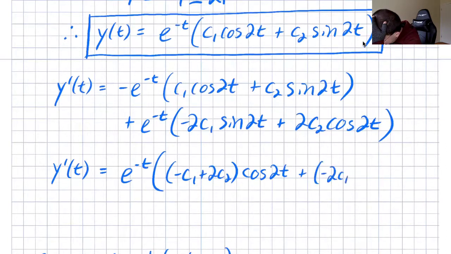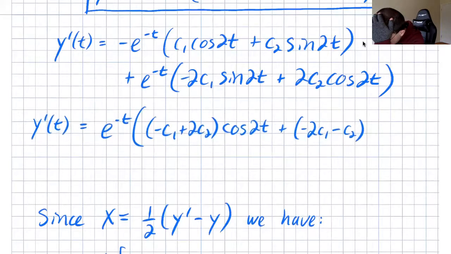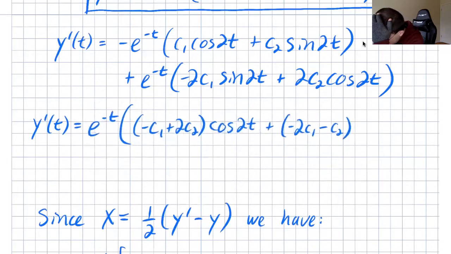Let me put the c1 first, so minus 2c1 minus c2. And let's see if I can get this all to fit into a single line. And then this would be sine 2t.